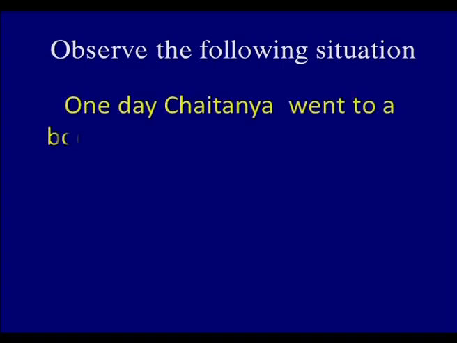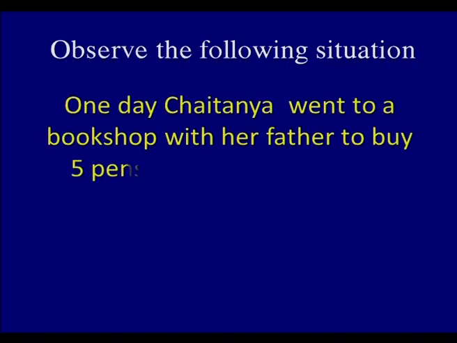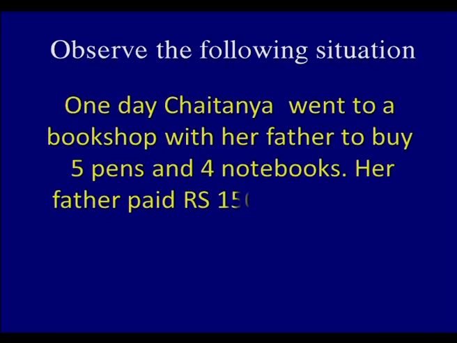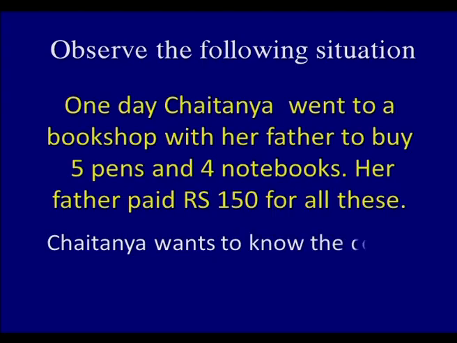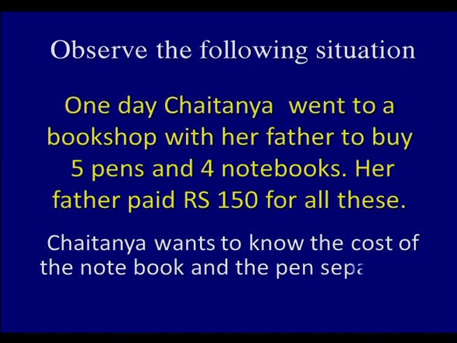Observe the following situation. One day Chaitanya went to a bookshop with her father to buy 5 pens and 4 notebooks. Her father paid rupees 150 for all these. Chaitanya wants to know the cost of the notebook and the pen separately.